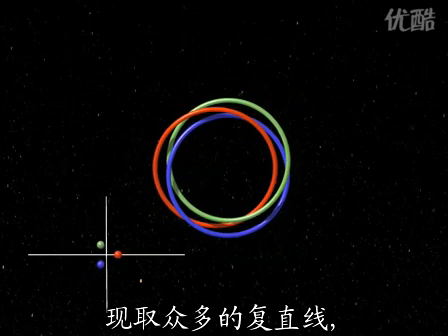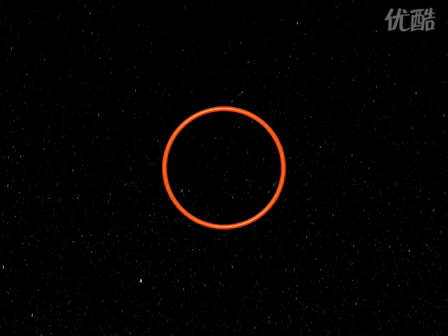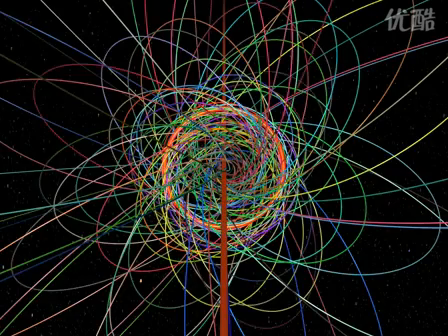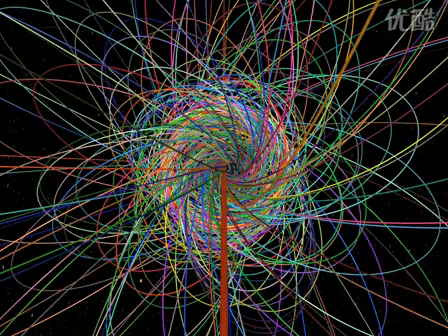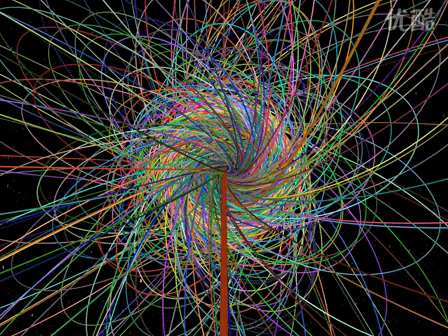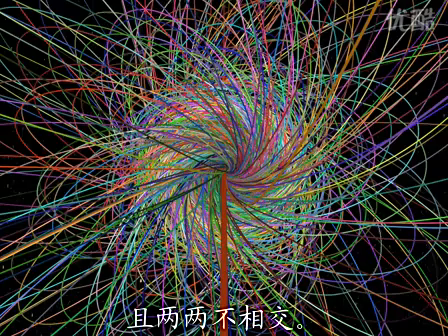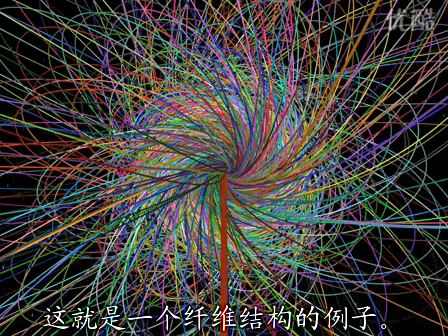Now let's take many more complex lines, chosen randomly, and let's look at them all at once. The circles fill up the space, and no two of them intersect. This is an example of a fibration.